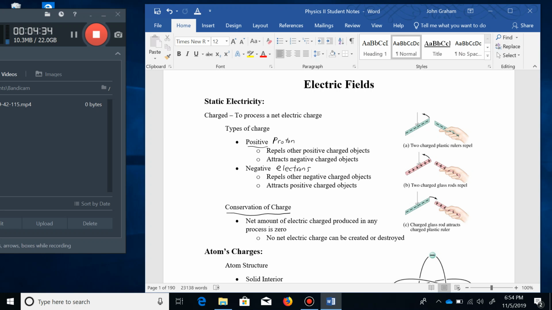So when two charges come in contact with one another, or in close enough proximity where they are affecting one another, they're not going to just produce new charges or eliminate charges. The net charge has to be the same.